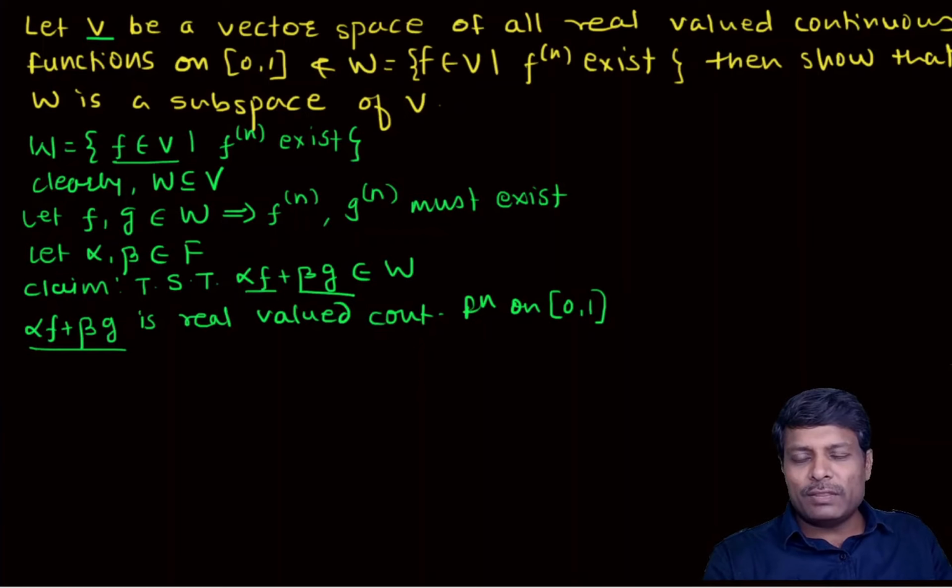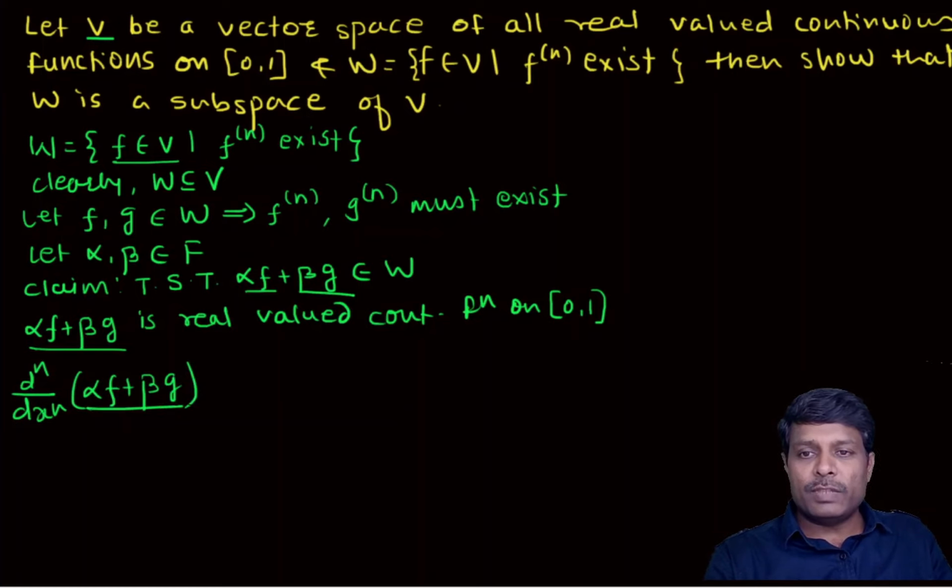So now I am finding the nth derivative, that is, applying the nth derivative operator. Now I want to find the nth derivative of this quantity. We know that the differential operator is linear in nature. Linear in nature means we can write the nth derivative of the first term separately plus the nth derivative of the second term separately.